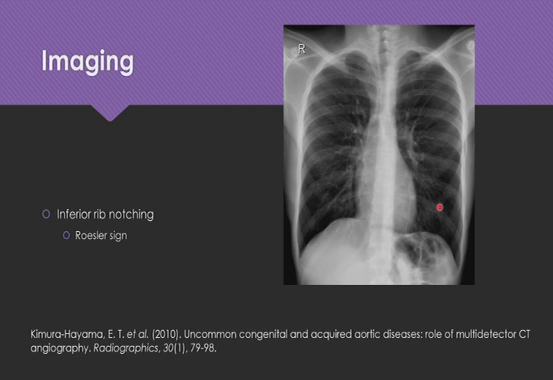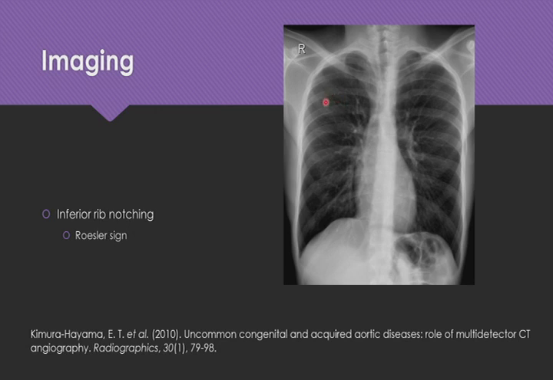The other common finding in chest radiography is the inferior rib notching or Roesler sign. This sign is secondary to the dilated intercostal collateral vessels, which form as a way for the blood flow to reach the descending aorta.